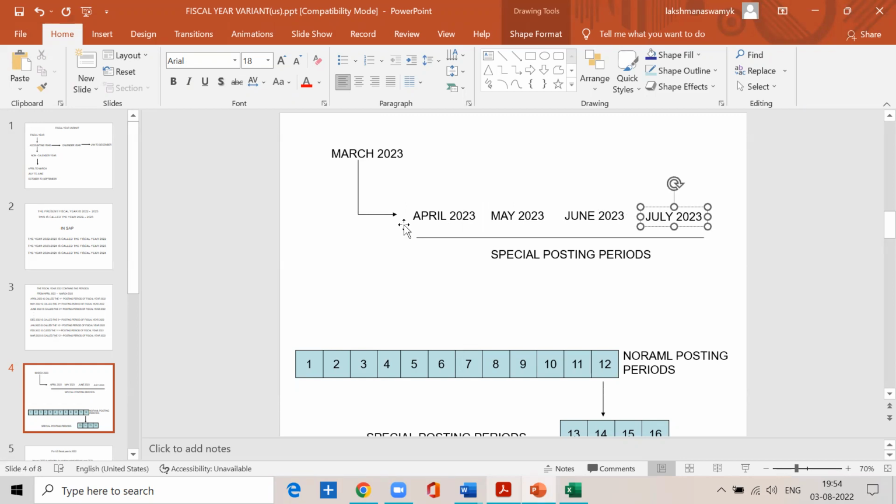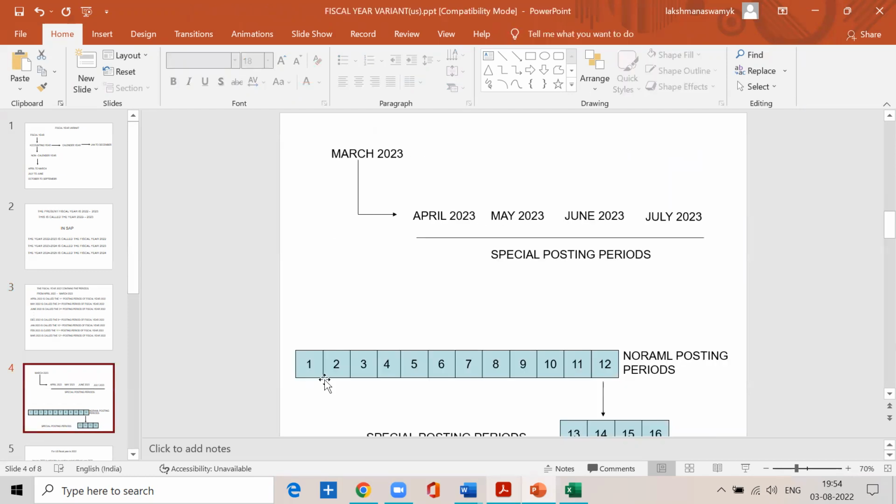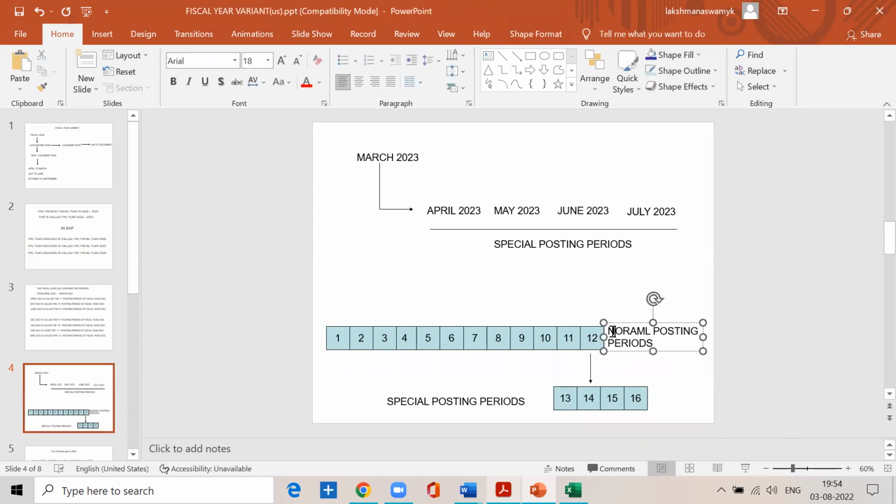Okay, so here the periods: 1, 2, 3, up to 12. These are called normal posting periods. Then April 2023 is called 13th posting period.